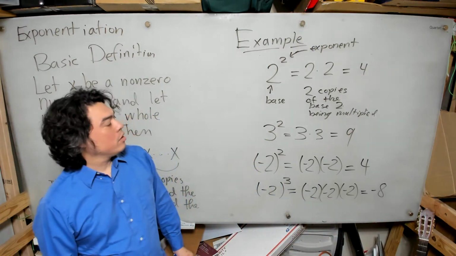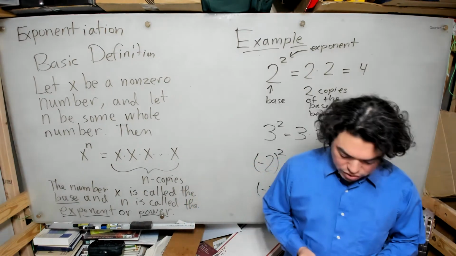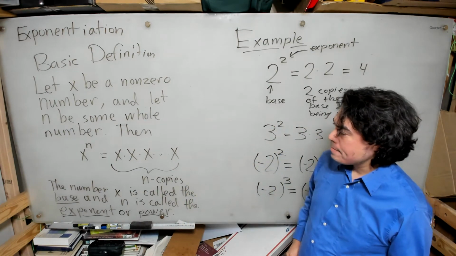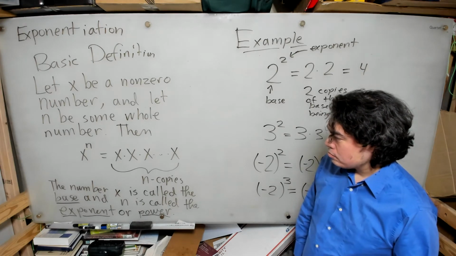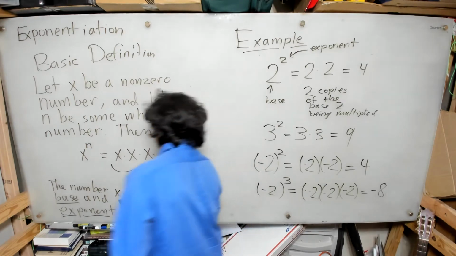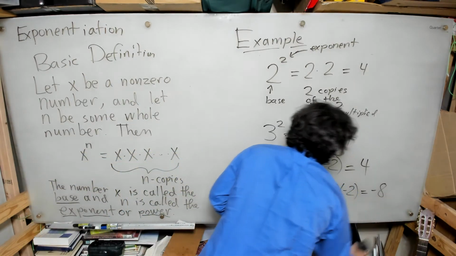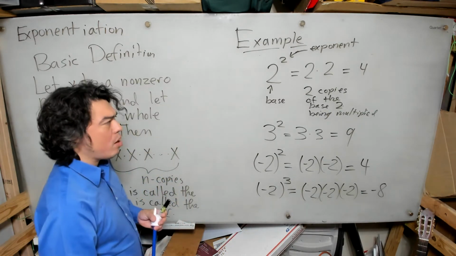Now let me do a couple more examples here so that we can see this being used a little more. But before I do more examples, let me make a comment here.